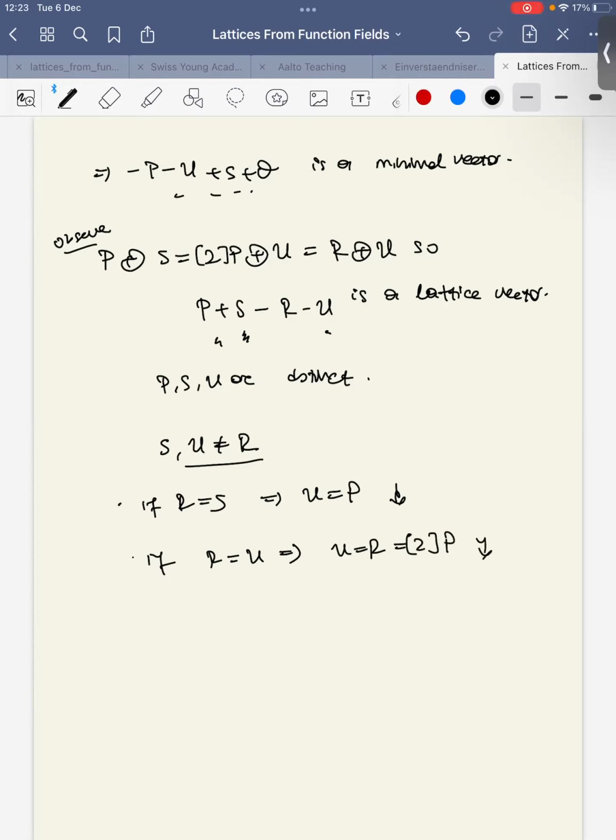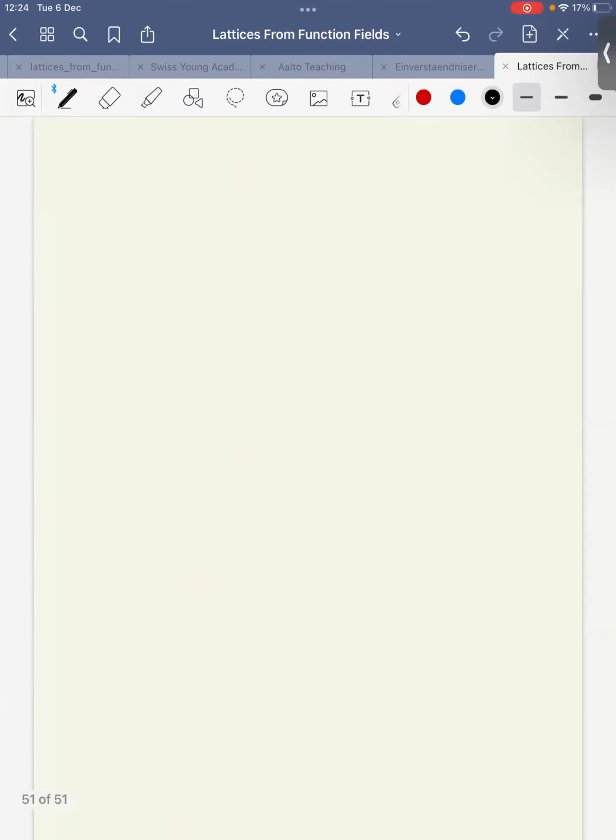Again, this is not possible by the choice of U. So again, P plus S minus R minus U is a minimal vector. And for the case when P equals Q, V is a difference of two minimal vectors. So this is what we have shown.